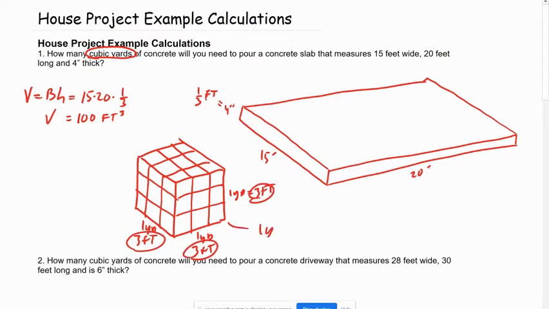So 1 cubic yard is equal to 27 cubic feet. And that's because it measures 3 feet by 3 feet by 3 feet. And so to convert this 100 cubic feet into cubic yards, we would have to divide by 27. So the volume is 100 divided by 27 cubic yards.